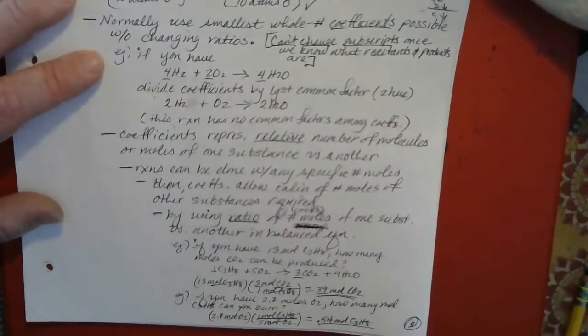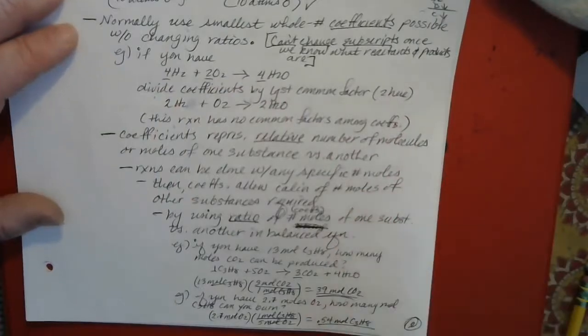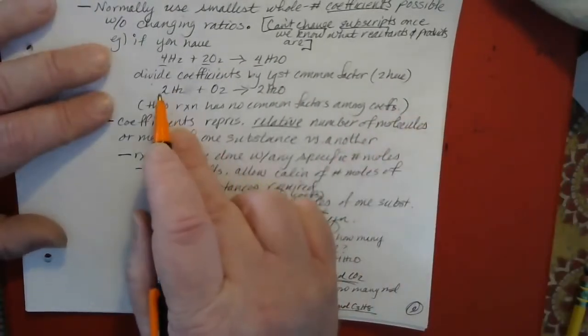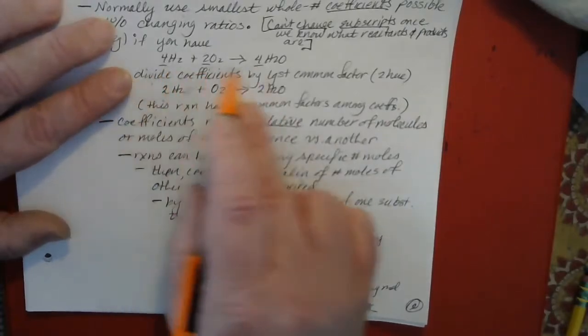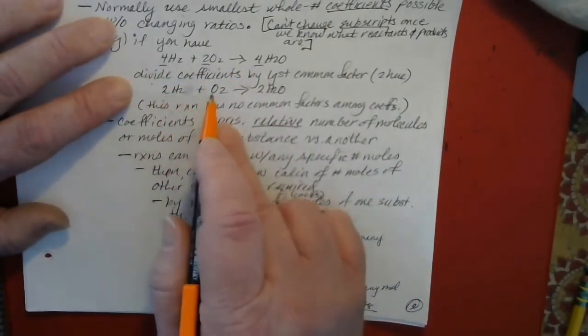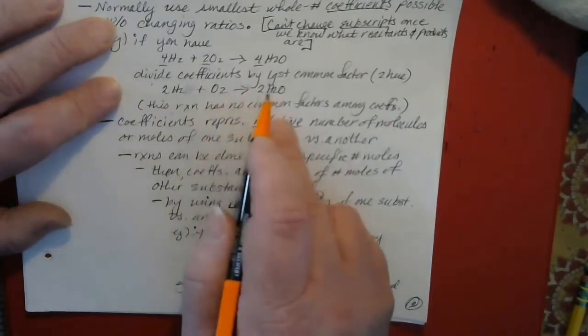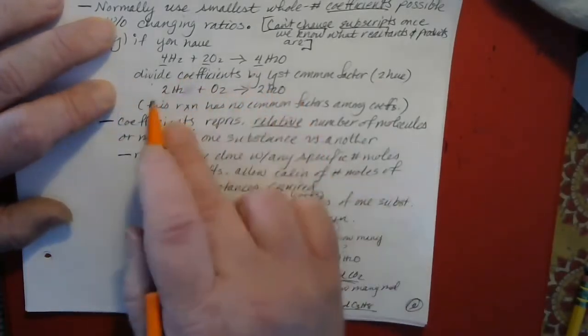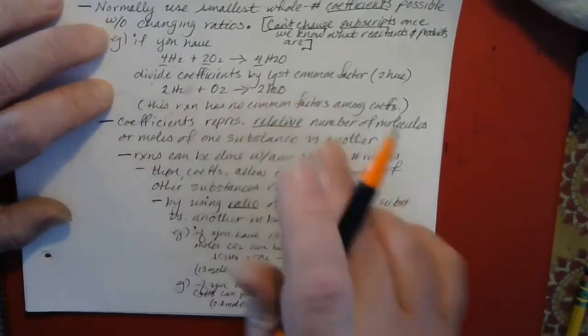And in fact, you do your best to divide by the largest possible common factor between them. And in this case, they're all divisible by 2. So we divide by 2 and we come up with 2 H2 plus 1 O2 yields 2 H2Os. These are the lowest whole numbers that will give you the proper ratios in that equation.